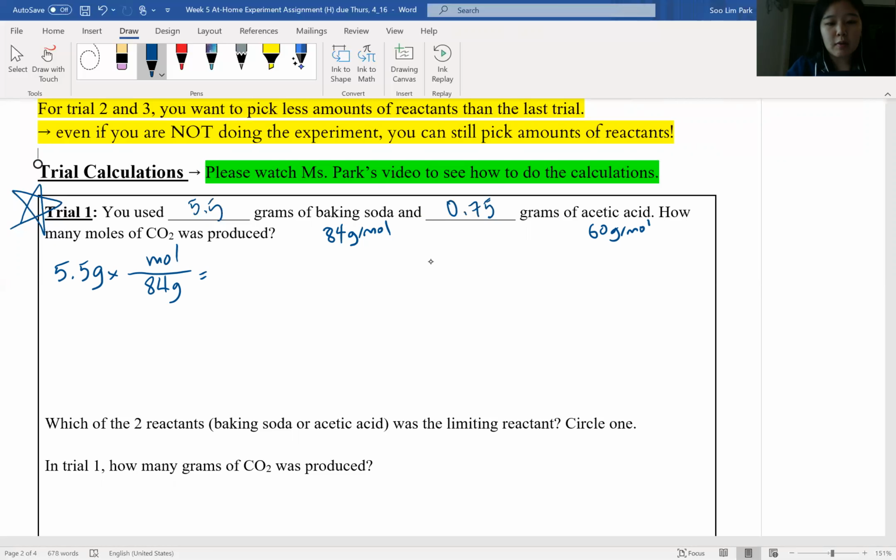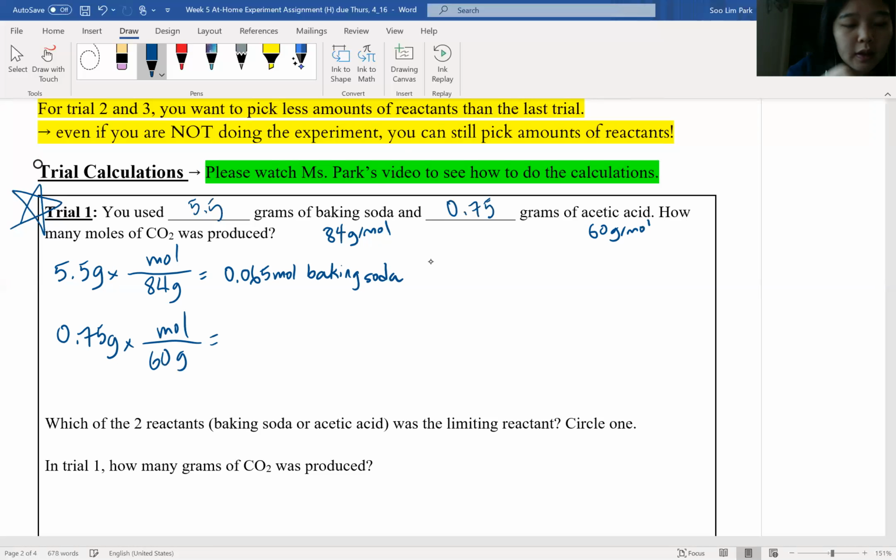I'm going to do that on my calculator. 5.5 divided by 84, I get 0.065 moles of baking soda. And I'm going to do the same for acetic acid. I'm going to divide by the molar mass. 0.75 divided by 60, I get 0.0125 moles of acetic acid.